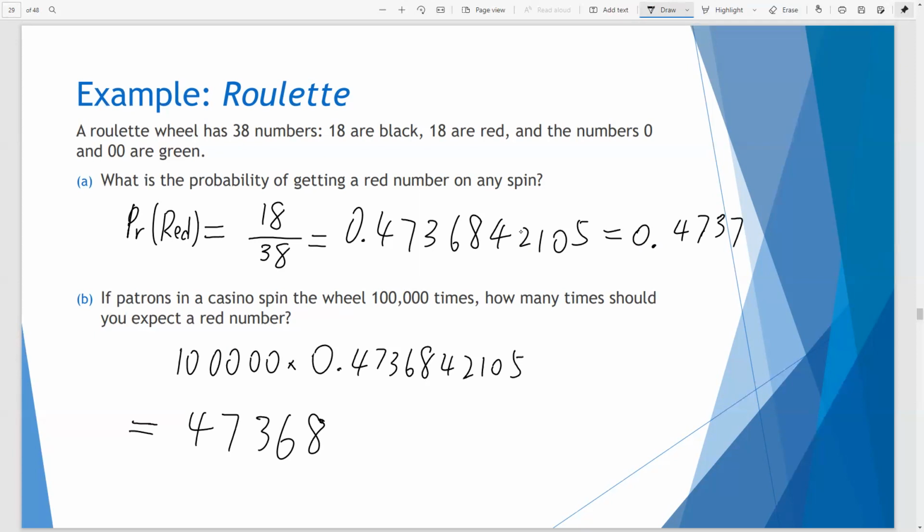So that's this many times of red. The probability we found in part A is just the proportion. I'm not using the rounded digits since they may not be sufficient figures to multiply by 100,000, so I just use as many digits as possible.